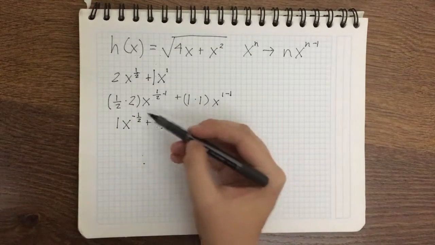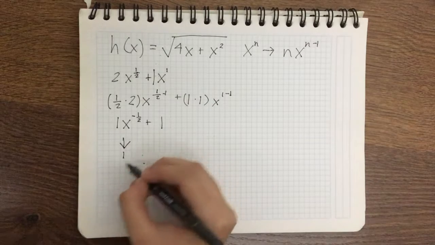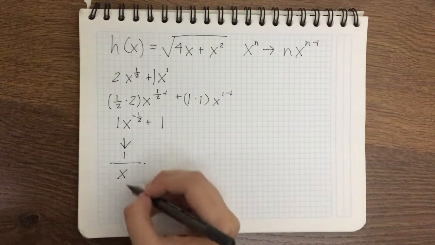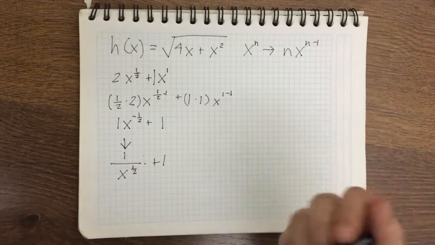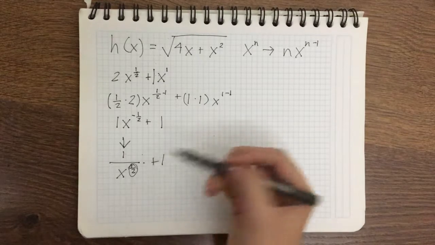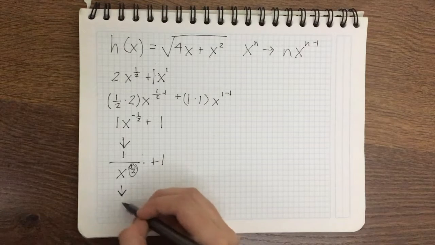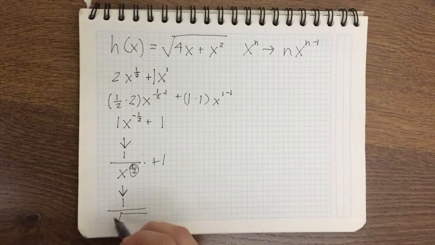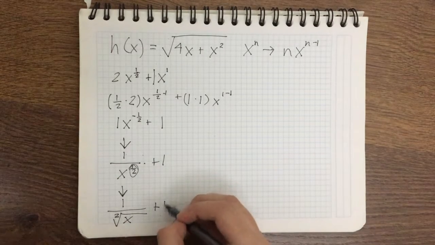Now we solve, which should give us 1 times x to the power of negative 1/2 plus 1. Now the problem with this is that we cannot have a negative exponent. So we bring it down and we make it positive. So 1 over x to the 1/2 plus 1. Now the problem with this is that we cannot have a fraction down here. So we modify it once again, and it's 1 over the square root of x plus 1.